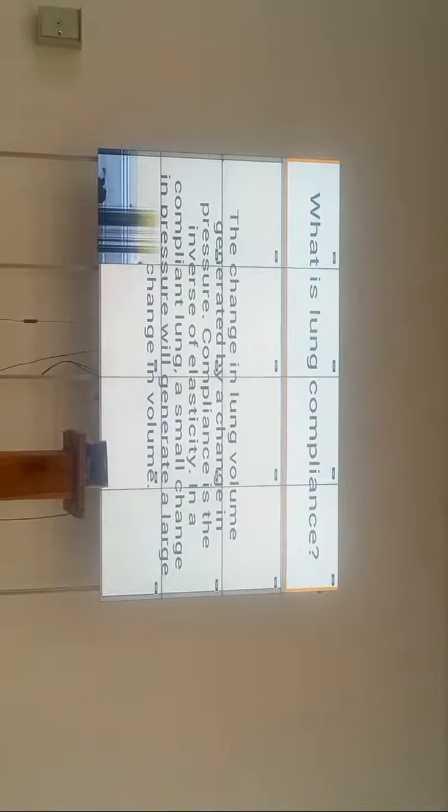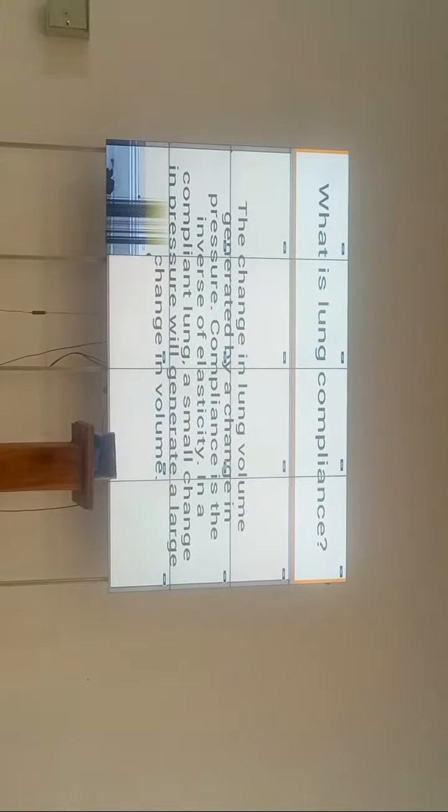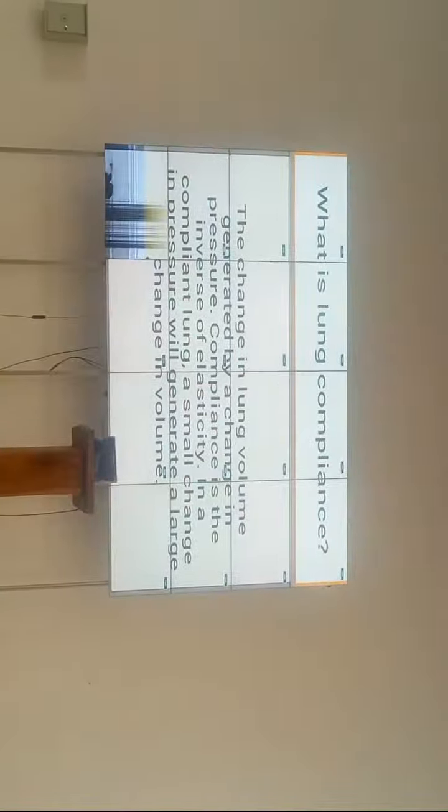So, what are the things that will change this lung compliance? We've already said, number one, the elastic nature of the lungs. If the lungs are not elastic anymore, it will be difficult for the lungs to stretch.